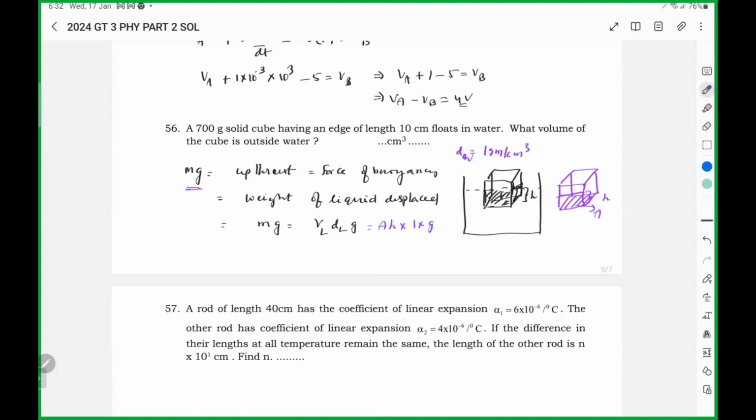Where mg is the mass of the cube when it is in air.